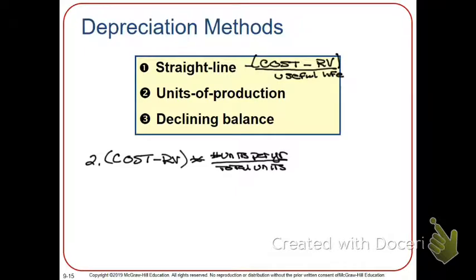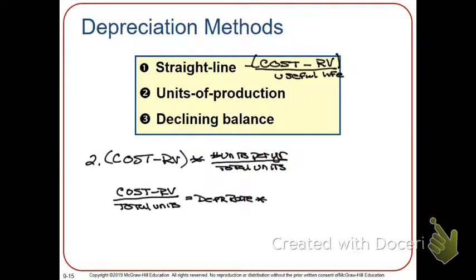There is another formula you can use. The formula that I use is cost minus residual value divided by total units. That gets you something called the depreciable rate, which they actually mention in your book.